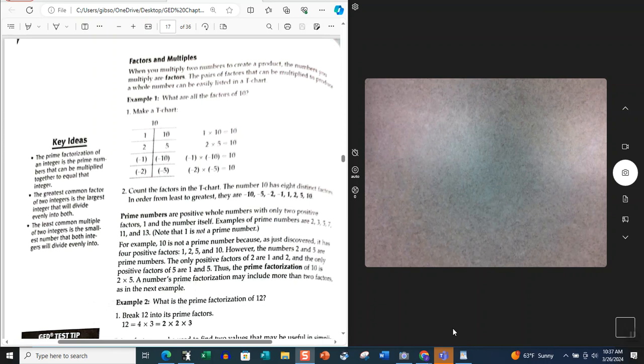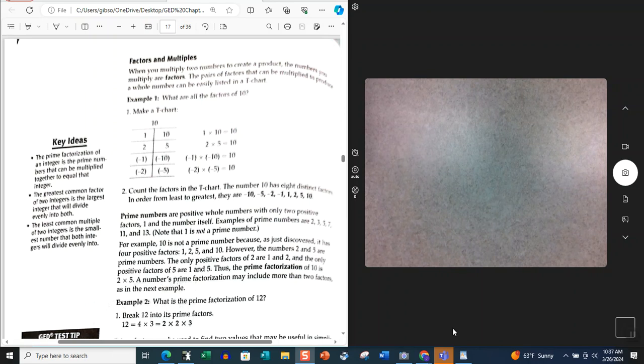However, the numbers 2 and 5 are prime numbers. The only positive factors of 2 are 1 and 2, and the only positive factors of 5 are 1 and 5. Thus, the prime factorization of 10 is 2 and 5. A number's prime factorization may include more than 2 factors, as in the next example.